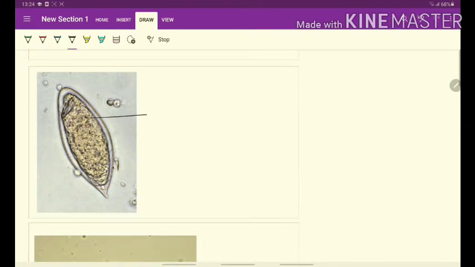Next image. This is the egg of Schistosoma haematobium.